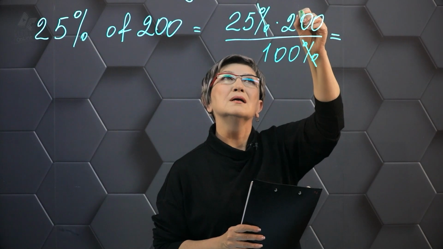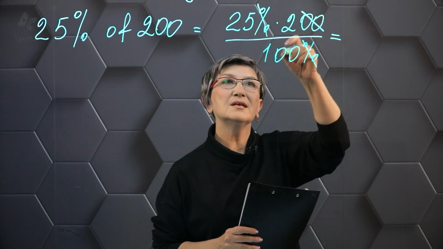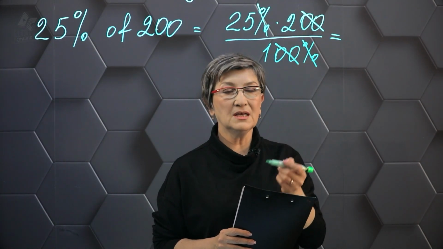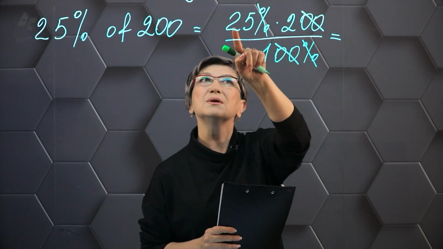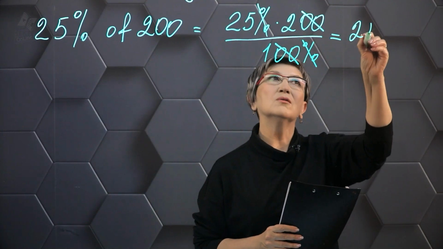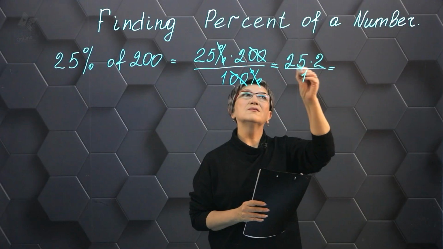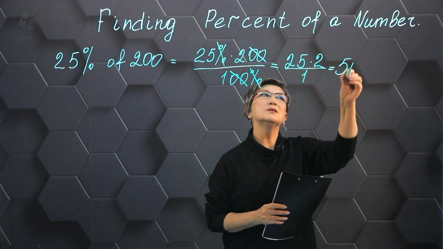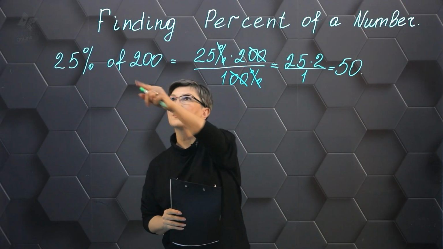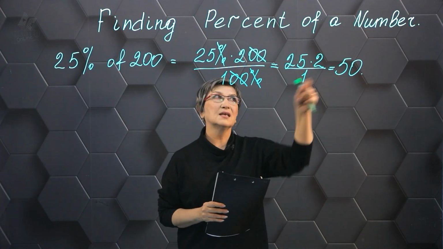Now, 2 zeros in the numerator and 2 zeros in the denominator I can also reduce. And now 25 I multiply by 2 and divide by 1. The product of 25 multiplied by 2 gives us a total of 50. So 25% of 200 is the number 50.